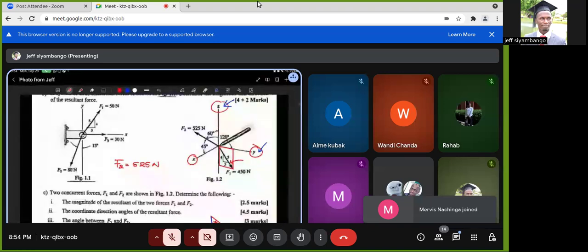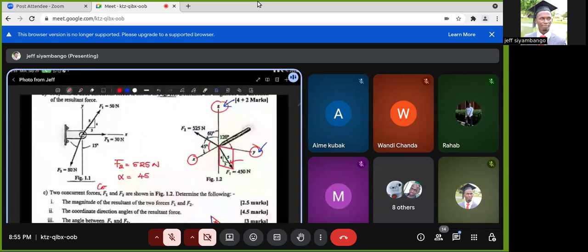Now, let's start with x, the directional angle from the x-axis to the vector. They've given us that as 45. For this, you really have to pay attention to the details. The 45 might have been easy to see. That is from the x-axis to the vector. So alpha is 45.